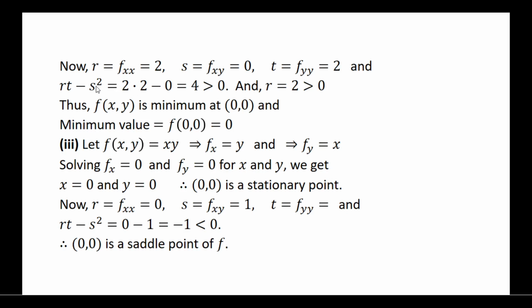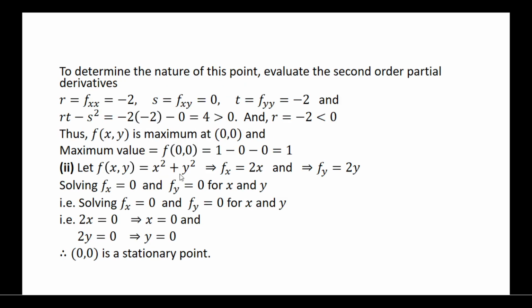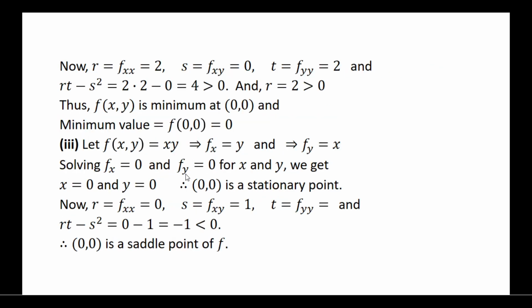Now rt minus s square is 4, a positive value, greater than 0. And r is also positive, greater than 0. That means the function has a minimum at the stationary point 0 comma 0. Now for the minimum value, substitute x as 0 and y as 0 in the given function x square plus y square. So you get the minimum value as 0.